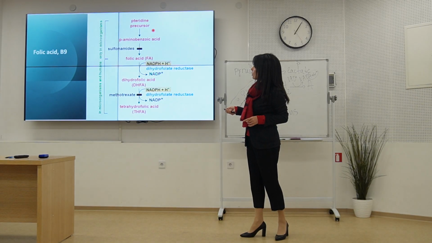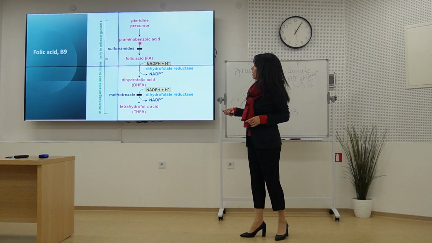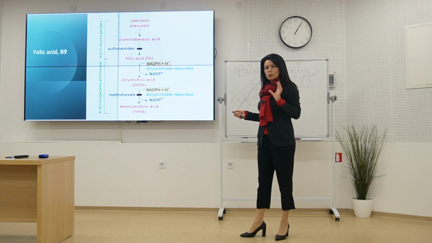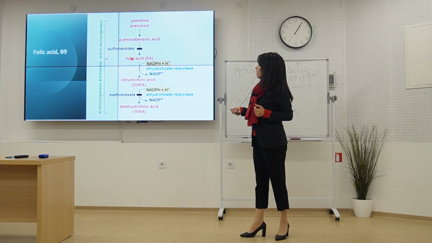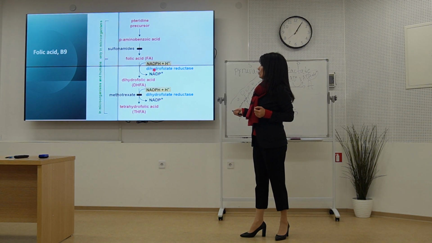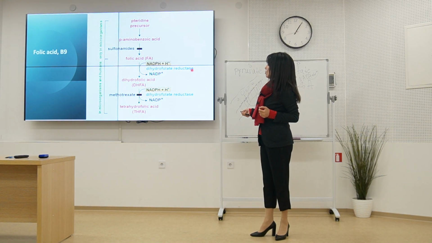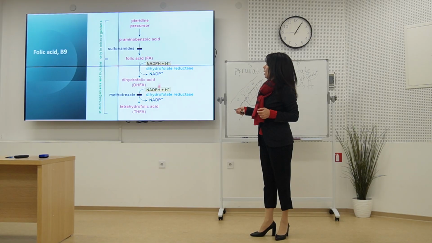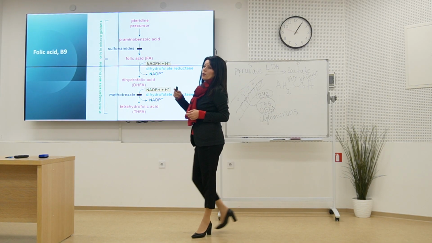From one pteridine precursor, there is formation of paraminobenzoic acid, then formation of folic acid, and then we take it from the diet. In our organism, folic acid undergoes double-step reduction reactions thanks to dihydrofolate reductase enzymes, which are NADPH dependent, which means NADPH is a cofactor.